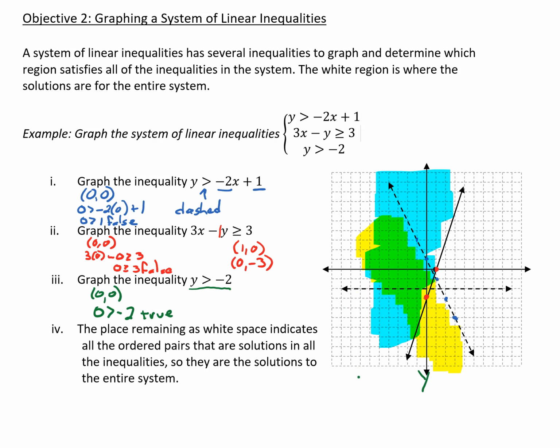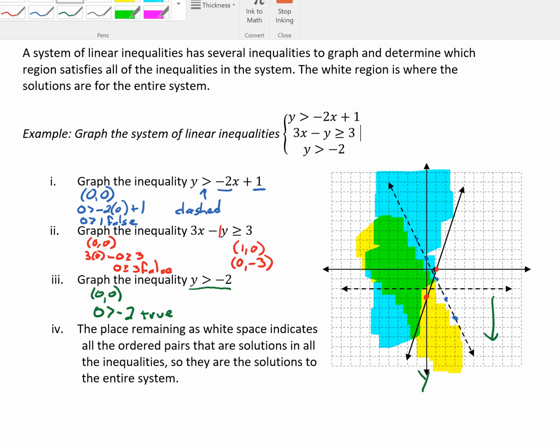The other way, instead of using a test point for this one, is to recognize that the y values are going to be greater than negative 2 when it's true, which would be above the horizontal line. That's where it's true, and we want where it's false, so we want to be below the horizontal line. Let me put the shading in.